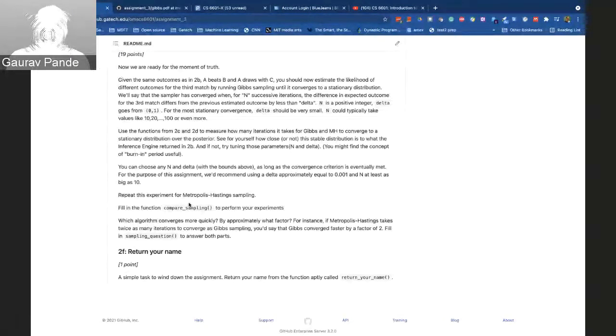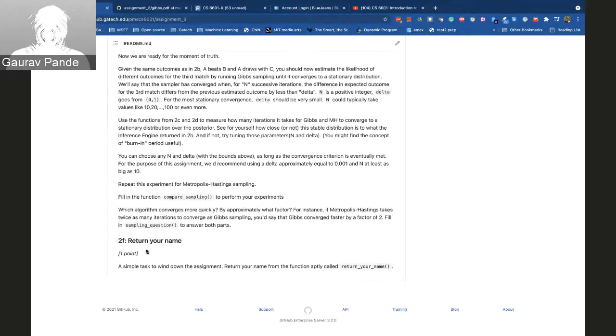Then that means your Gibbs sampling is efficient because you run exactly half the iterations that the image sampling has to run in order to converge. So that is the factor: by what factor your algorithm is efficient. Here your Gibbs sampling is more efficient than your image sampling by a factor of 2, because your image sampling takes 200 iterations and your Gibbs sampling takes only 100 iterations. You have to fill this in. And finally, you have to return your name, and then part 2F.